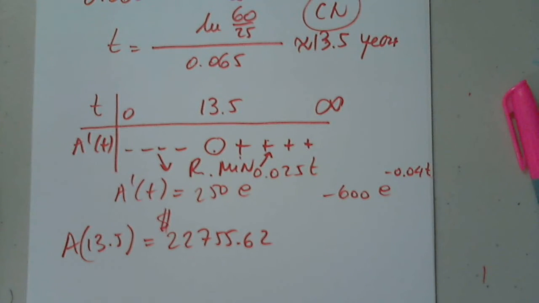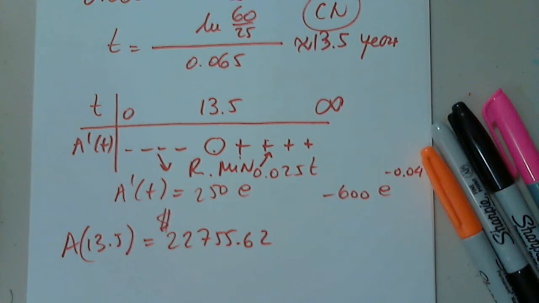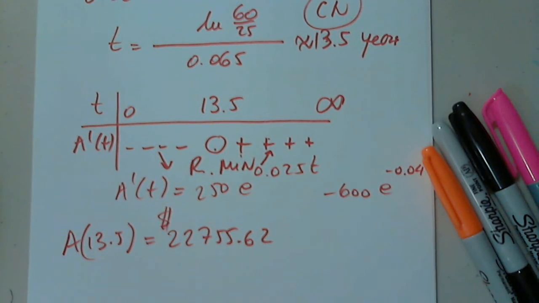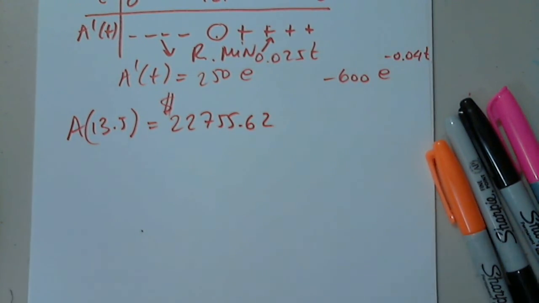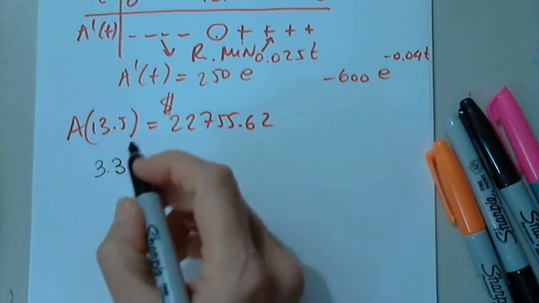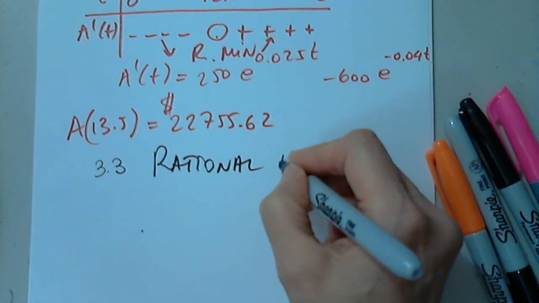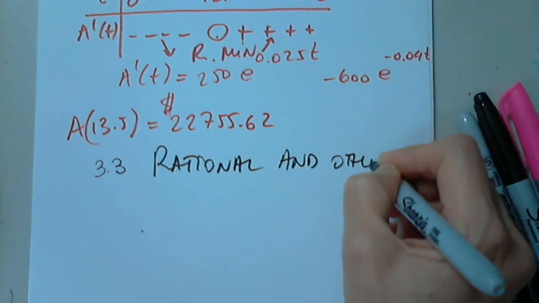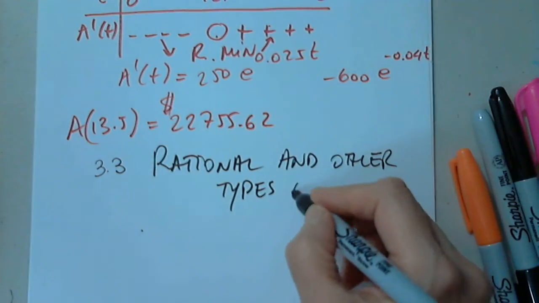Yes. Okay, perfect. So what I would like to continue with today is the next section, which is 3.3, in which we're going to do exactly what we did before so far. In 3.3, we're going to look at rational functions, rational and other types of functions.